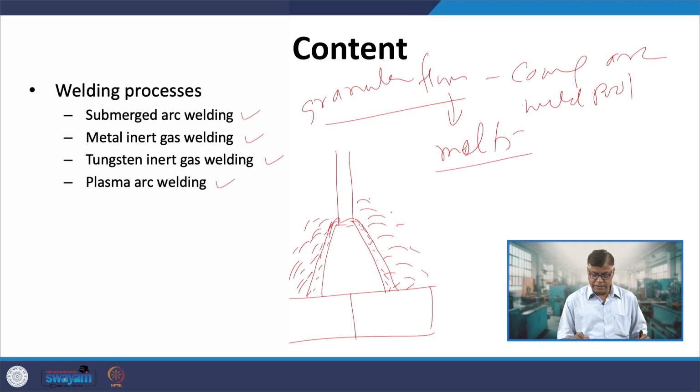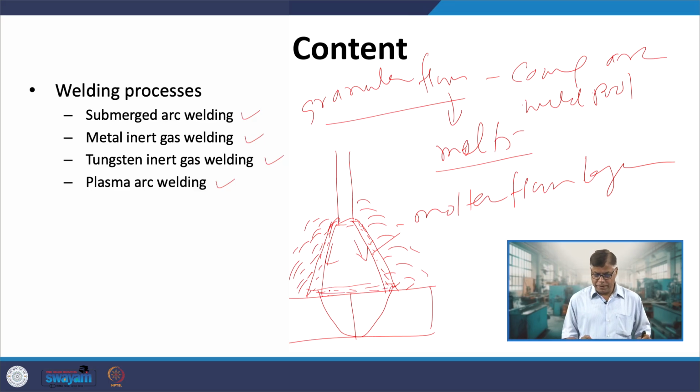Okay. So, basically the arc is covered by the molten flux layer. And then this molten flux layer will be flowing down gradually and mixing with the molten weld metal and floating at the surface of the weld pool. So, this is how the weld pool and the arc zone is isolated from the atmospheric gases, but most of these granular fluxes are oxide based.